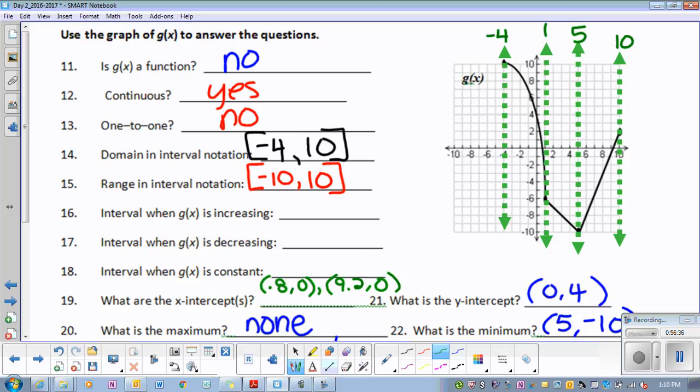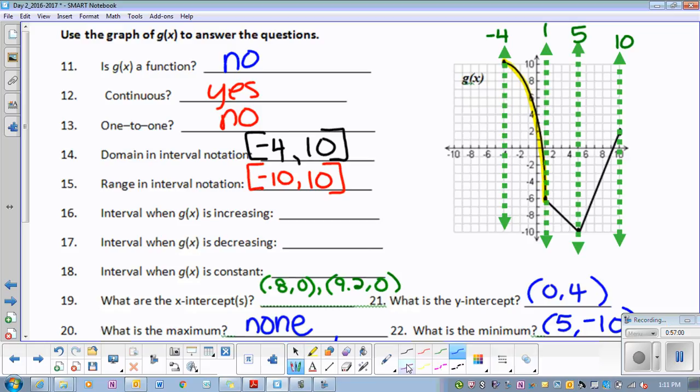So now, what do I do with this? Well, guys, you basically did all the work. These are your intervals. You just have to decide whether it's increasing, decreasing, or constant. So if you look at your graph from -4 to 1, what is your graph doing? Going down. It's decreasing.